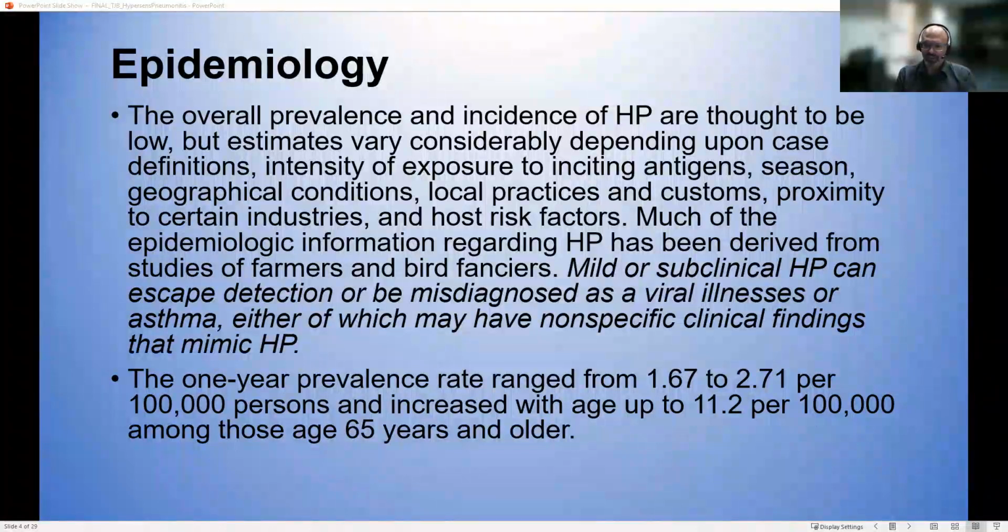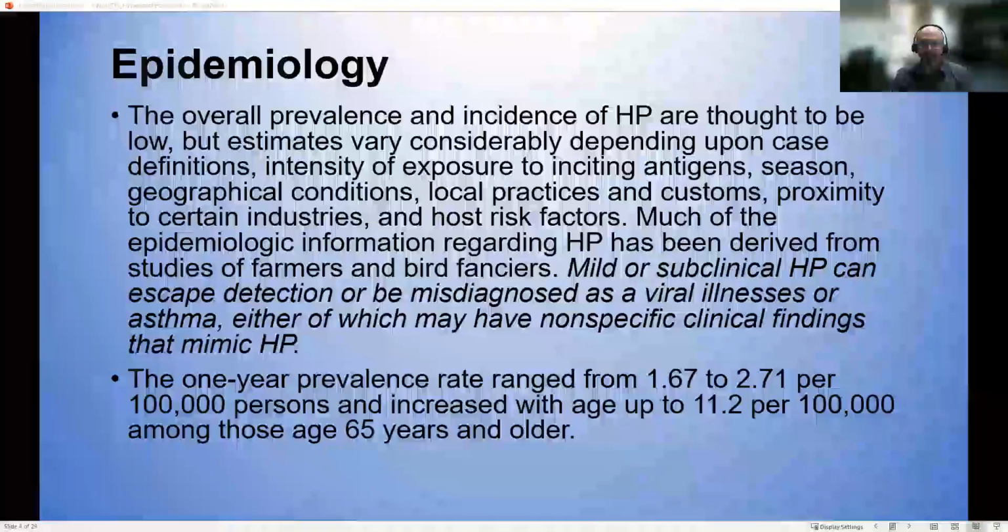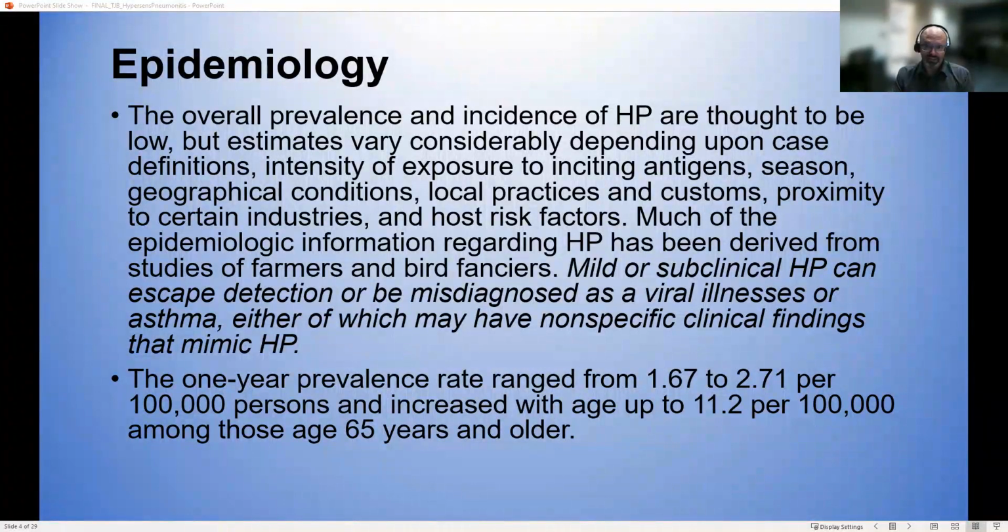It can be misdiagnosed as a viral illness or asthma, and it's challenging because it has non-specific clinical findings. One study from a large medical database in the U.S. found the prevalence of HP to be about 1.6 to 2.7 per 100,000 persons, but it increased with age to about 11.2 per 100,000 for those older than 65.